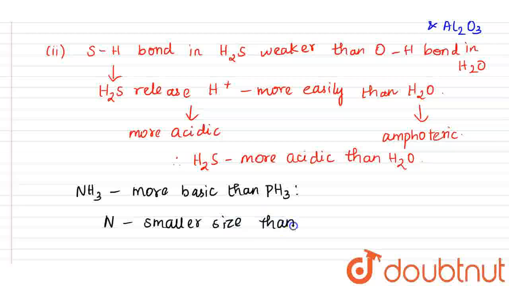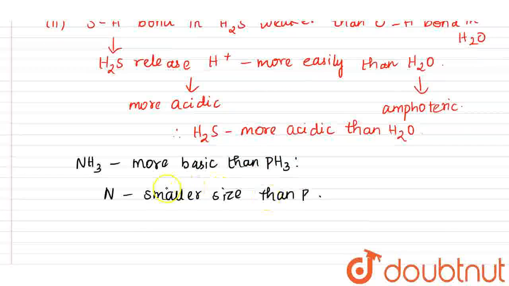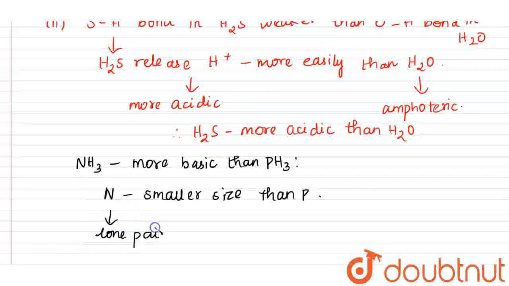So the lone pair of electrons on nitrogen can be easily donated. But phosphorus is a little bigger than nitrogen.